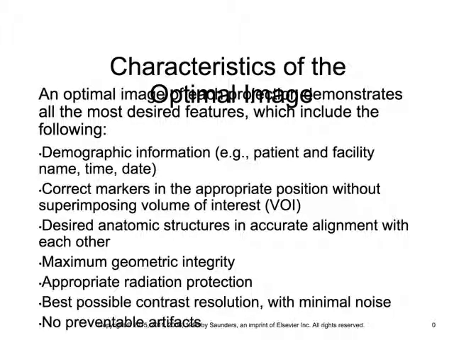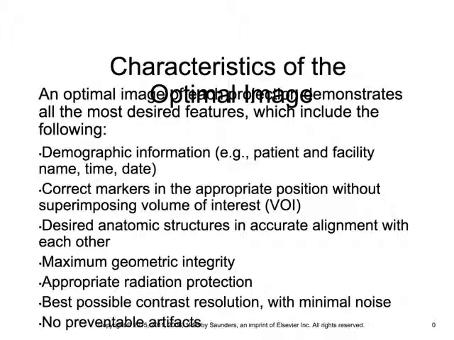So demographic information, like when it was done, where it was done, what the patient's name was. Markers: correct marker placement. And we want them in the appropriate place, appropriately flipped if possible, and without superimposing any volumes of interest. Okay? All the correct anatomical structures.